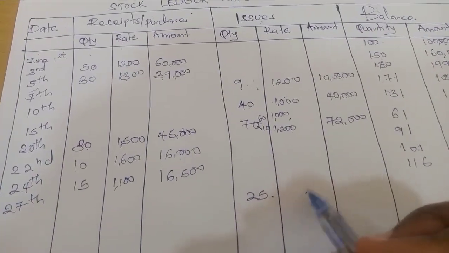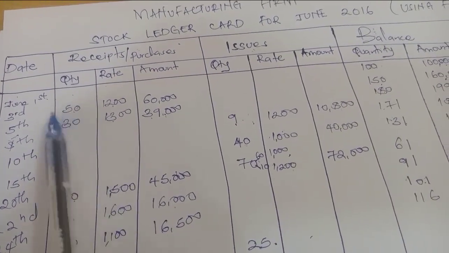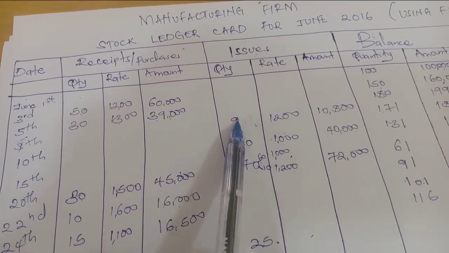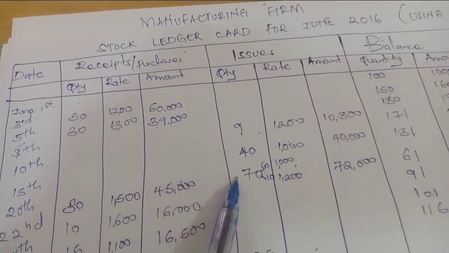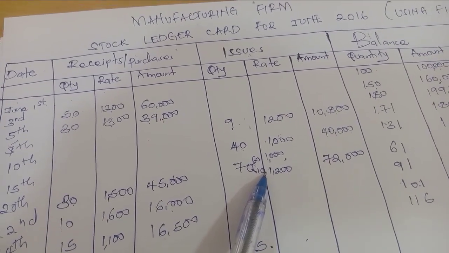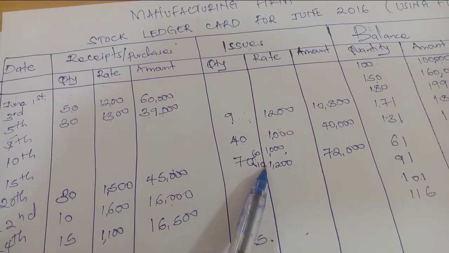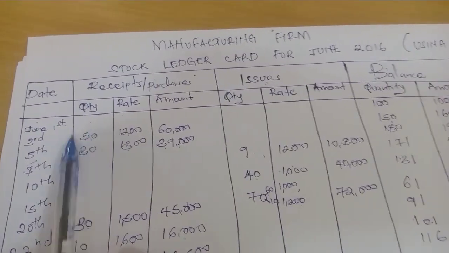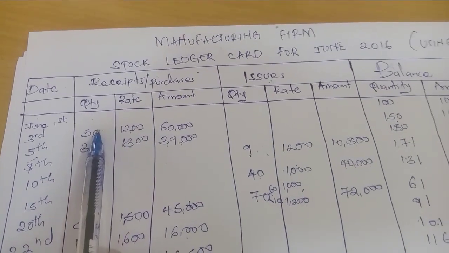Remember, here on the 50 that was purchased, we had already removed the 9, meaning it had remained 41. Then we also removed this 10, so 41 minus 10, it remained 31. So these 25 units are going to be taken from this stock, since we have 31 of this stock still in the store. So we are going to get 25 from this.